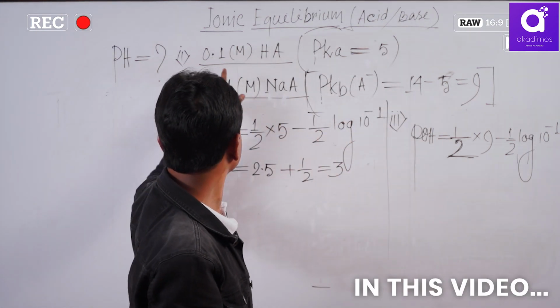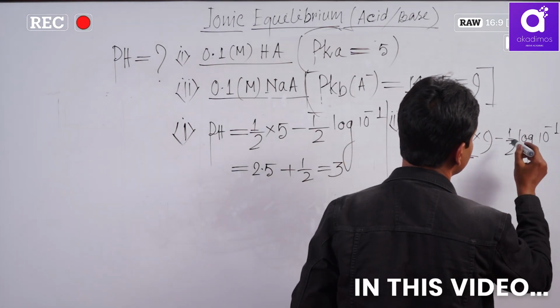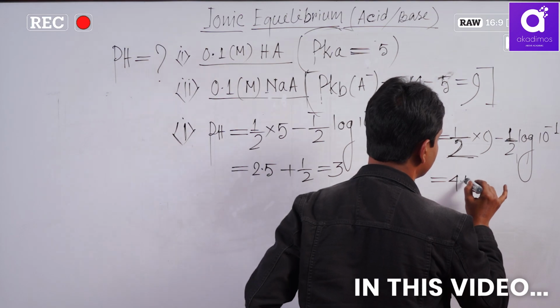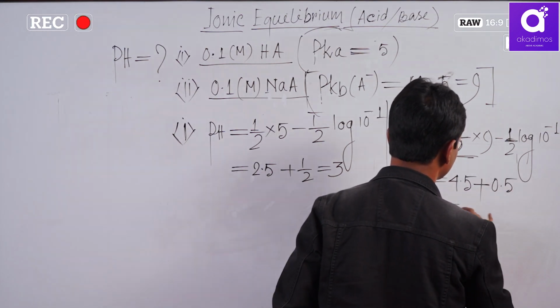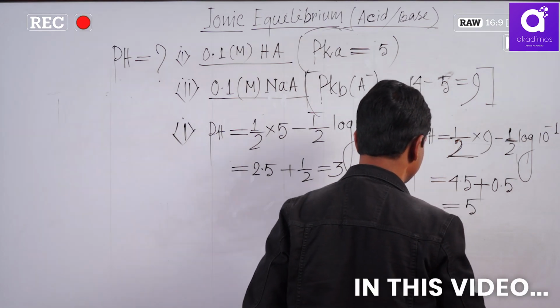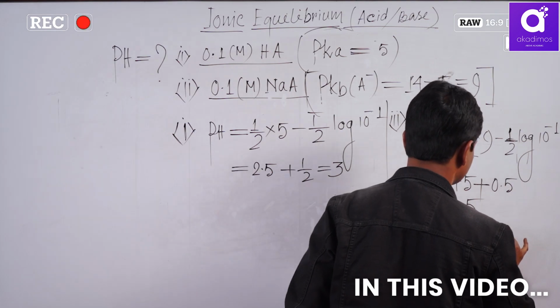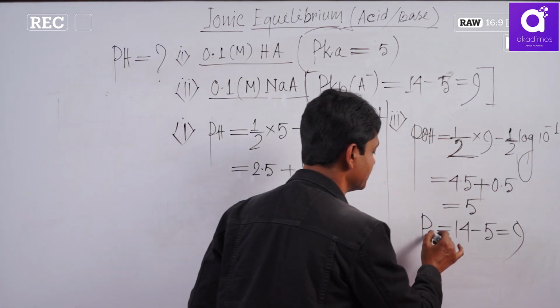I have taken 0.1 here just for easy calculation. Now it is 4.5 plus 0.5. You got 5 there, and pH you will get 14 minus 5. That is 9. pH is 9 basically here.